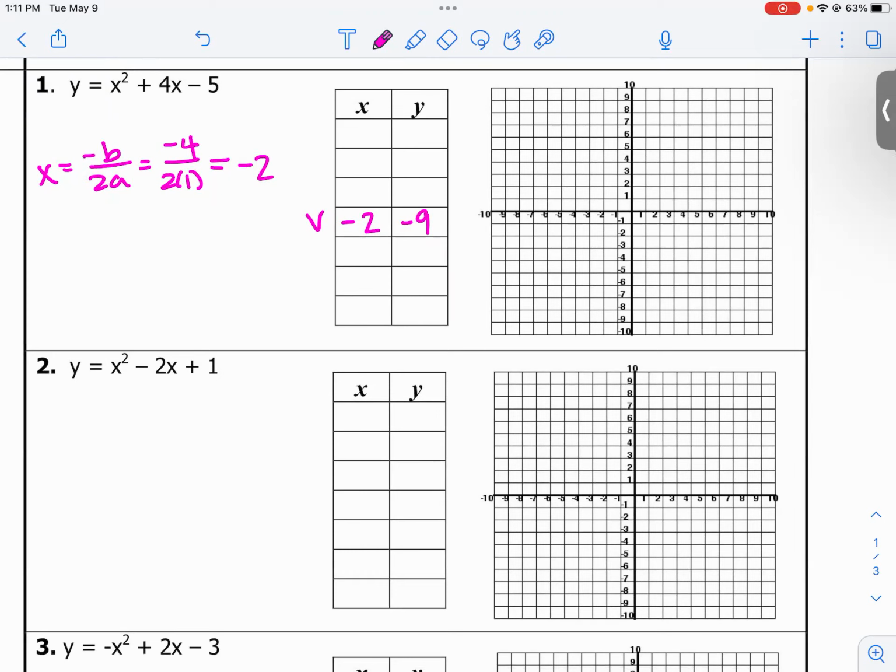Okay, so now let's plug in -3 and -1. Those should have the same values. Do you agree? Yes. Thank you. So when these groups plugged in -3 and -1, they got -8.